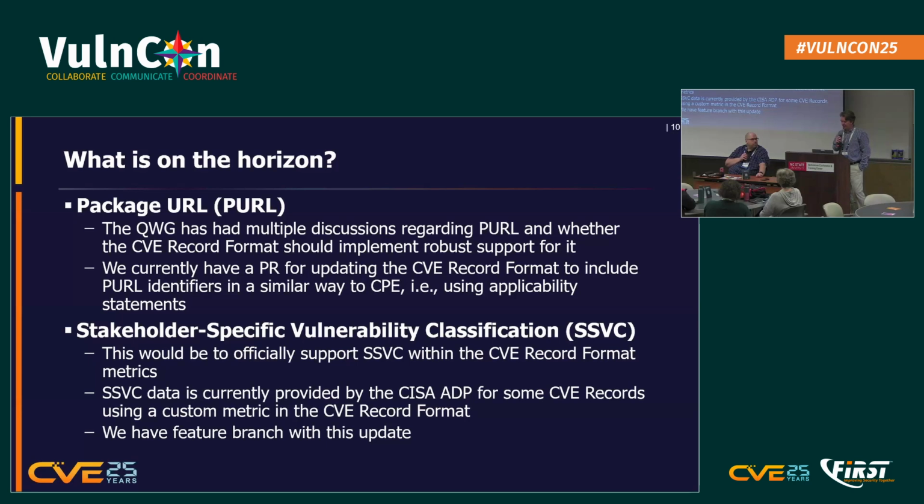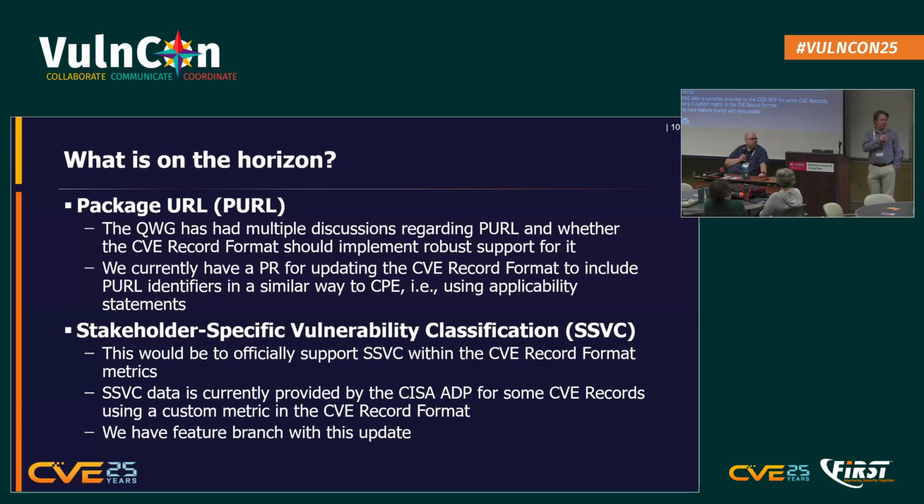The other thing that is on the horizon, and this actually has a feature branch, all I think for the most part ready to go. Thank you, VJ. But the stakeholder specific vulnerability classification, SSVC, that data is currently being provided by the CISA ADP, but it is using a custom metric.